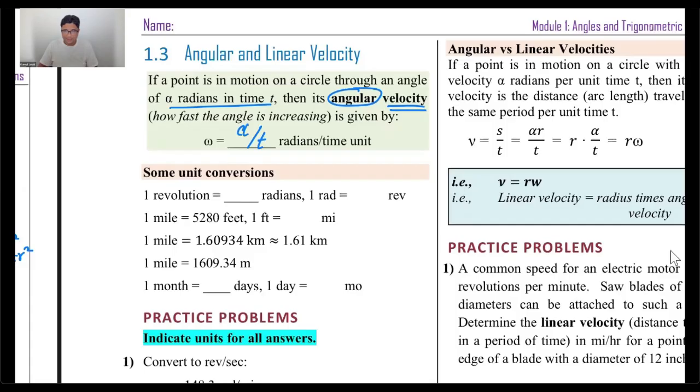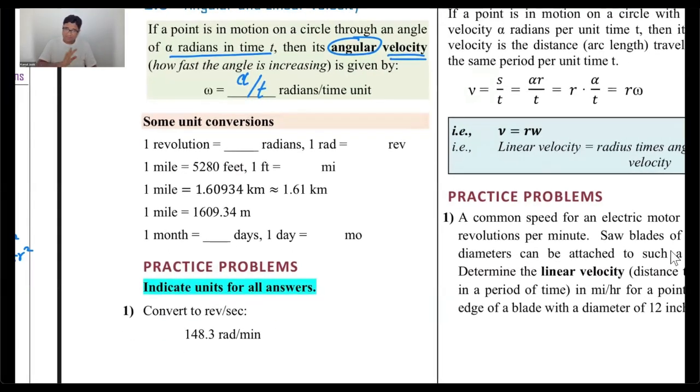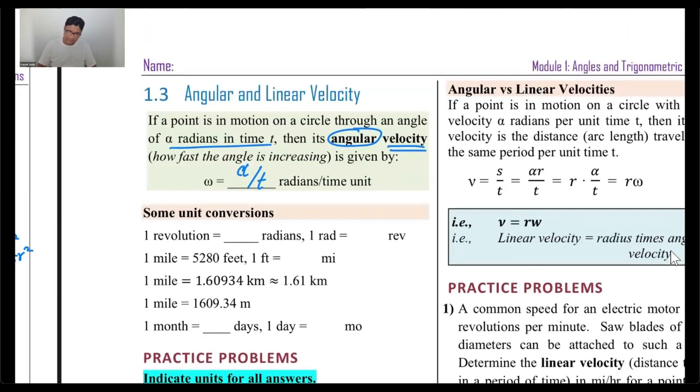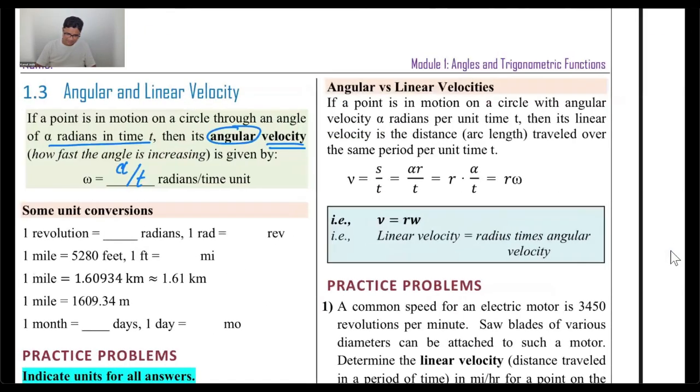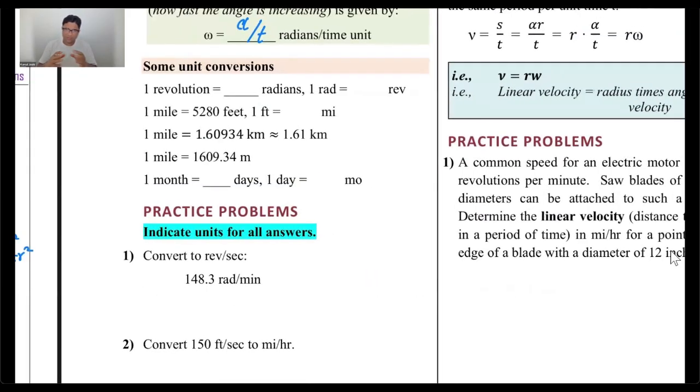Alpha over t, radians per unit time. Okay, that is basically the definition of what an angular velocity is. We are going to connect that with the linear velocity that's going to be on the right side of the page. Before that, we are going to take a small detour and talk about some of these unit conversions, okay?